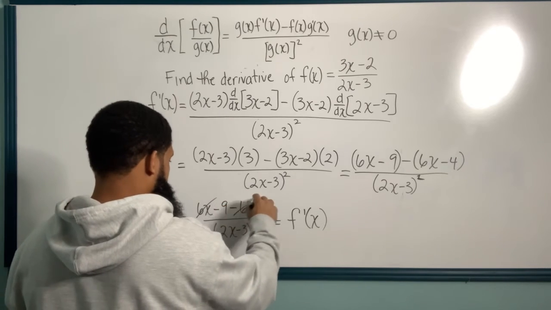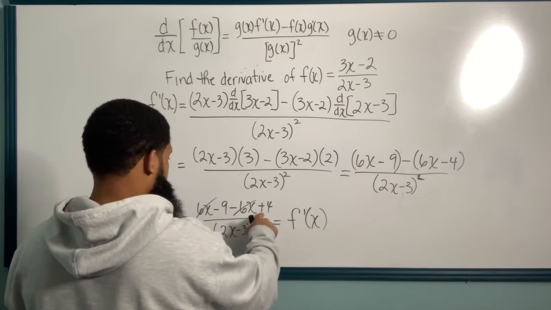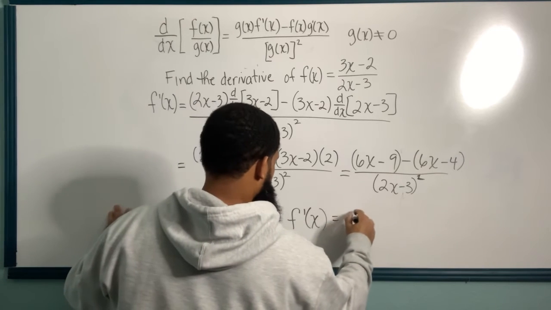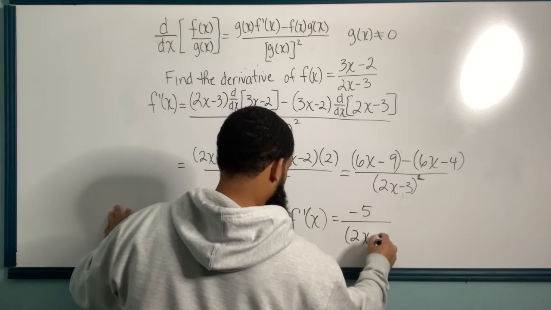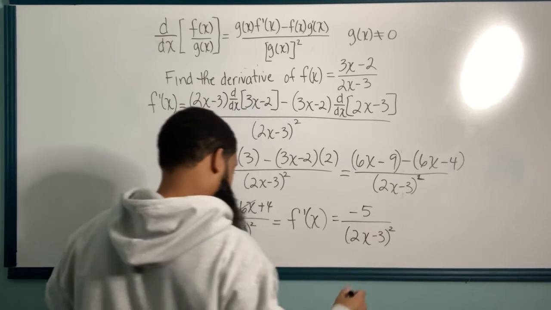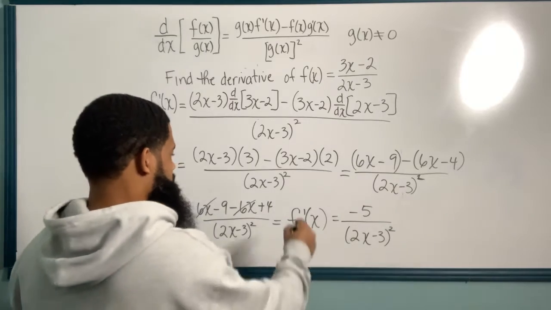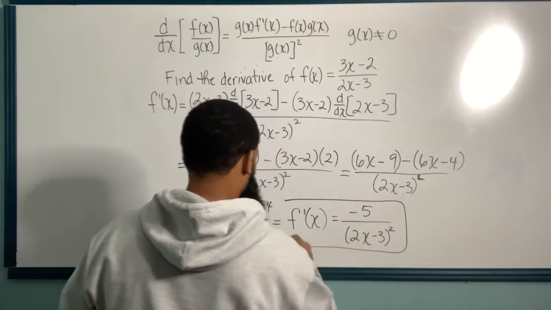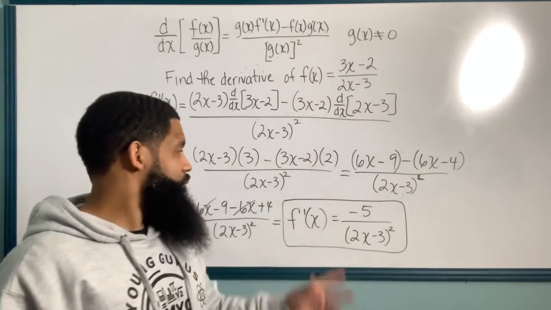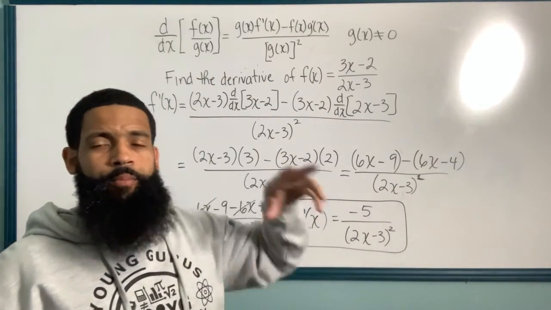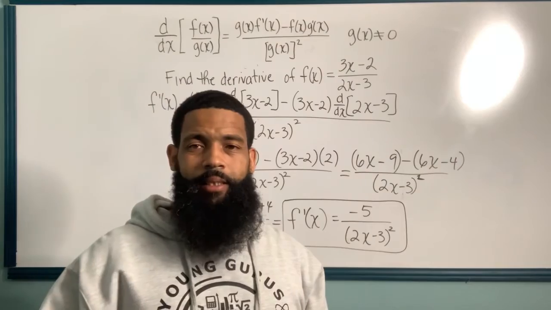So that's gone. So negative 9 plus 4 is negative 5. And then over 2x minus 3 squared. All right? And that's it. That's our derivative. I had to look at my notes for a second. I was like, whoa, everything's gone. That's the derivative. It's not that bad. It's tedious, but you got to be very, very careful with signs and things like that.